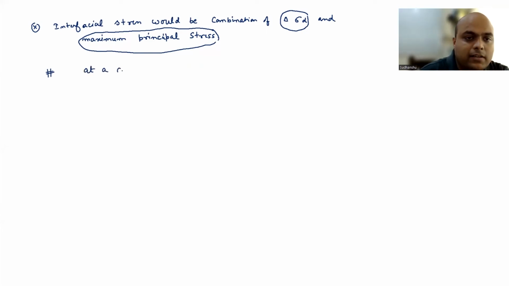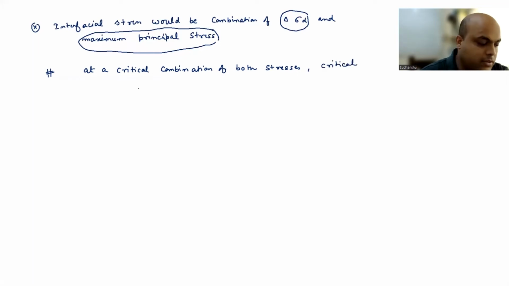So at a critical combination of both stresses, the critical stress for crack nucleation will be given as sigma c equals sigma 1 plus delta sigma d.